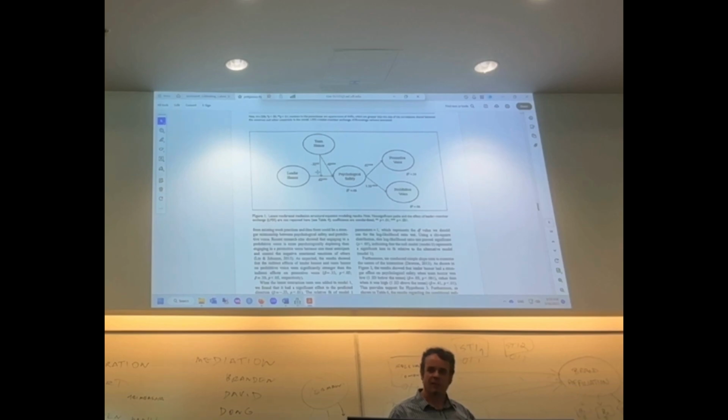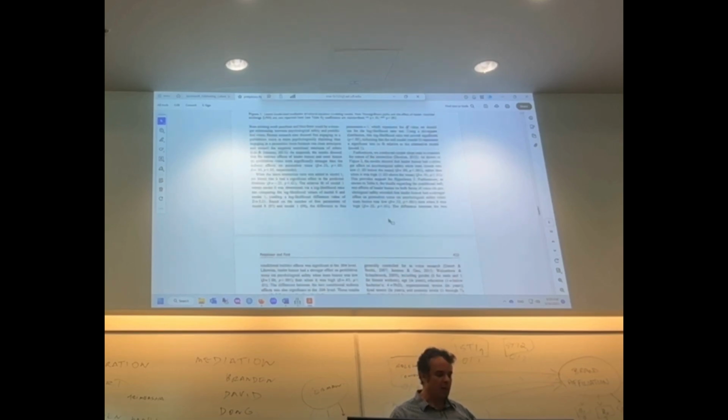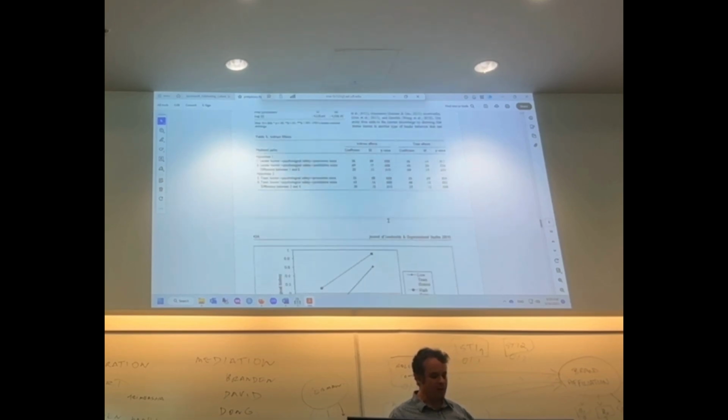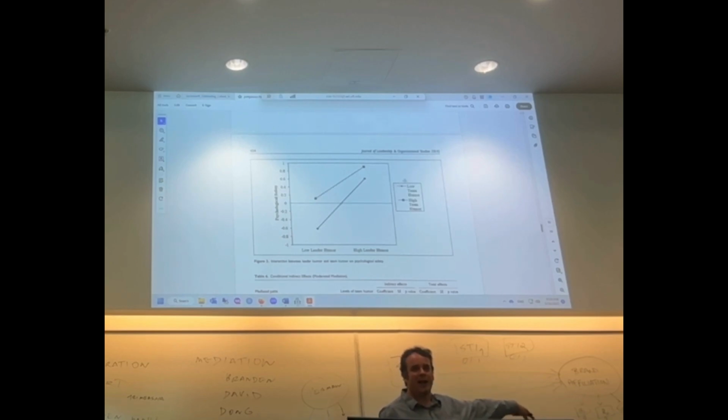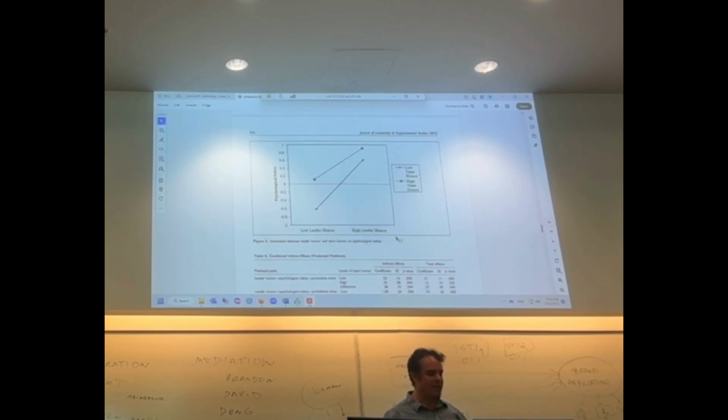It's negative. And to interpret this, they had to come up with a figure, right? Like I was showing you on the board yesterday, the way to interpret an interaction is always through graphics. It's hard to interpret it without visualization, okay?